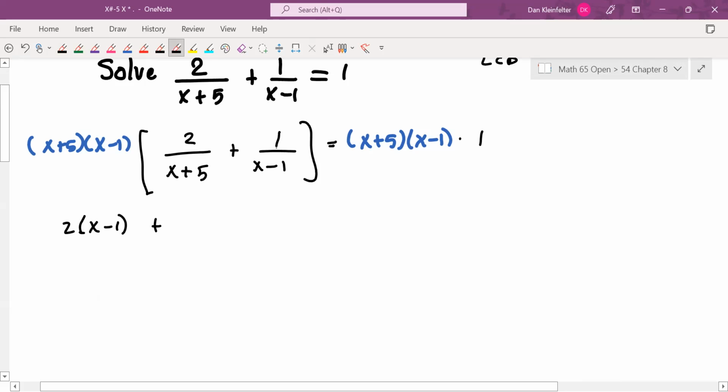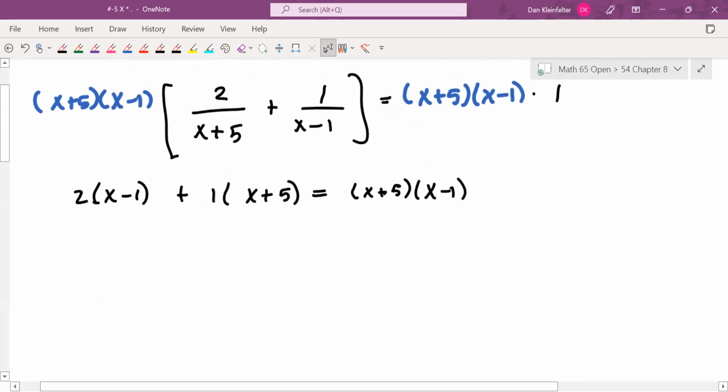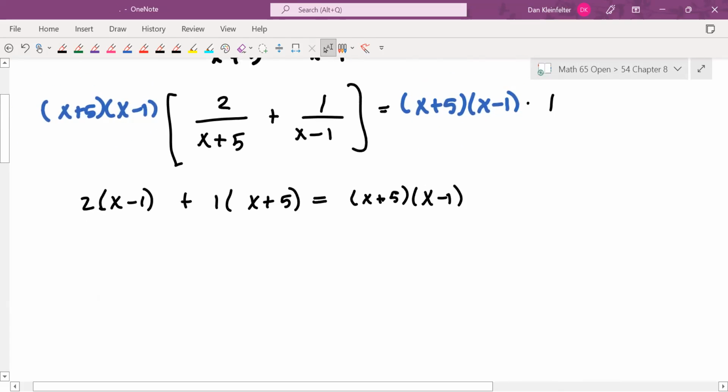And then for the second fraction, the x minus 1s will cancel. We'll be left with 1(x + 5). On the right side, we'll have everything still, (x + 5) and (x - 1). So that takes care of all the fractions as before. Then we're going to just solve the equation as it sits.